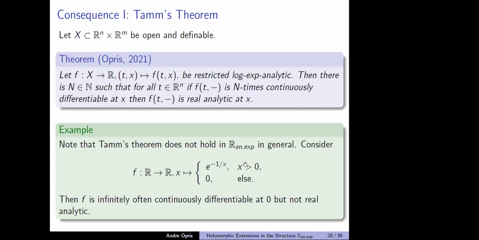Yeah, maybe you have to work not in R_an,exp but in a structure generated by real solutions of, for instance, Euler equations or something like that. Okay, well, sorry, it was just something I was thinking, not a very specific question.